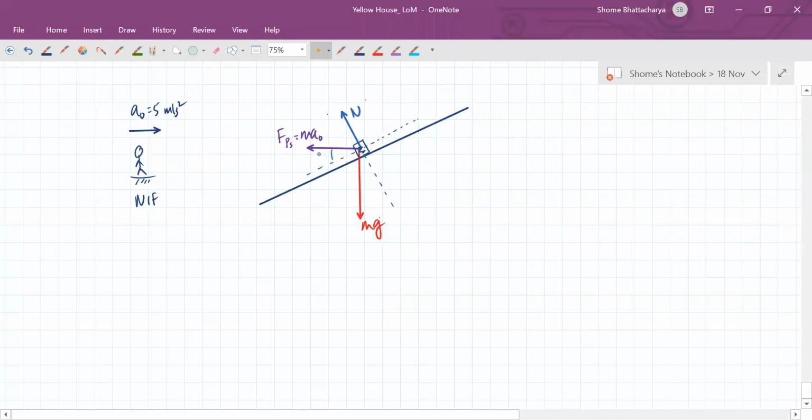So this angle will become theta. This angle is theta. And in this frame, the body is having a downward acceleration A like this.